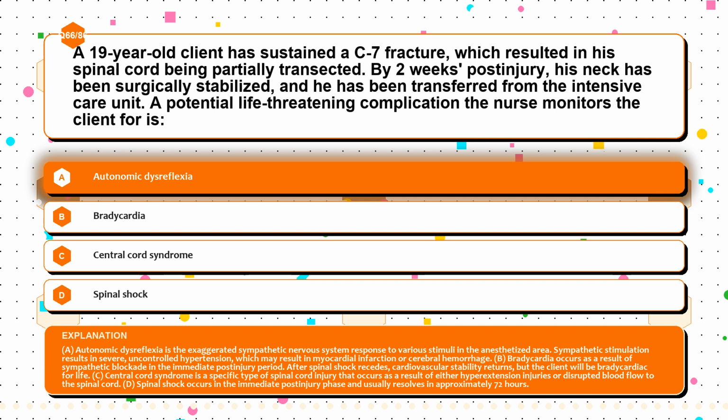After spinal shock recedes, cardiovascular stability returns, but the client will be bradycardiac for life. C. Central cord syndrome is a specific type of spinal cord injury that occurs as a result of either hyperextension injuries or disrupted blood flow to the spinal cord. D. Spinal shock occurs in the immediate post-injury phase and usually resolves in approximately 72 hours.